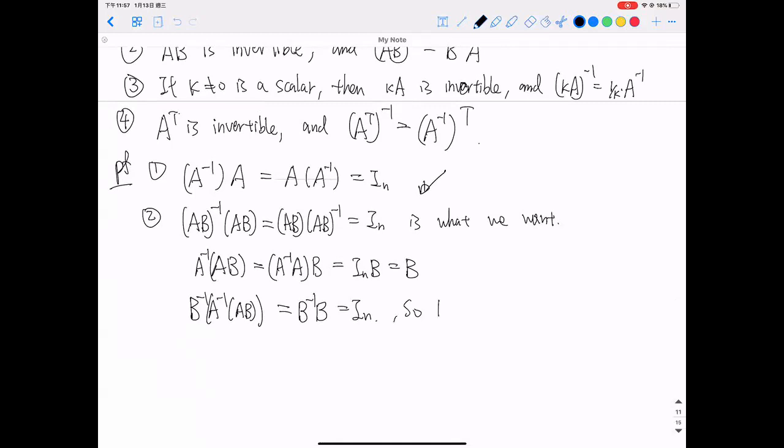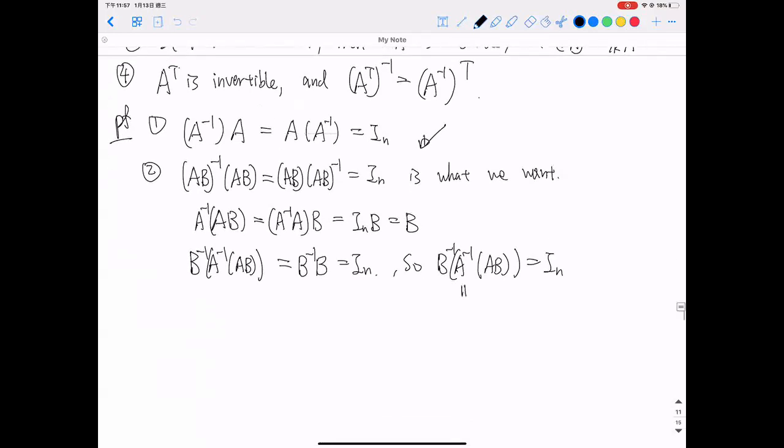So B inverse A inverse AB this way is the identity, but you can also group this in the same way by grouping the first two terms together. Okay, so this is telling you, at least for one of the requirements, that B inverse A inverse is an inverse of AB.